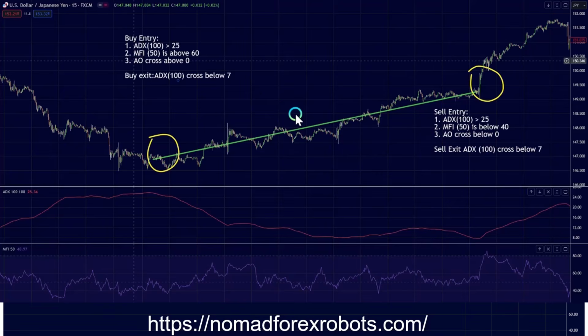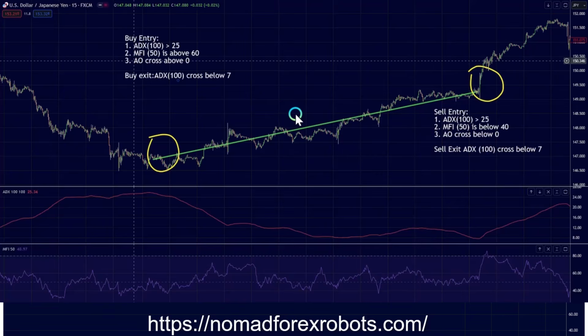After I tell you the exact entry and exit parameters and conditions in detail in TradingView, I'm going to tell you the statistics in MT5, and I'm going to run multiple backtests on random currency pairs.